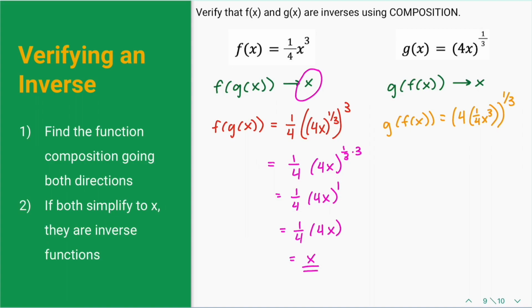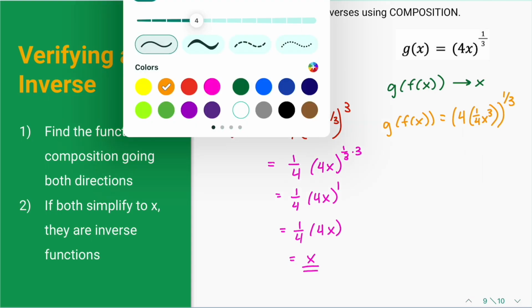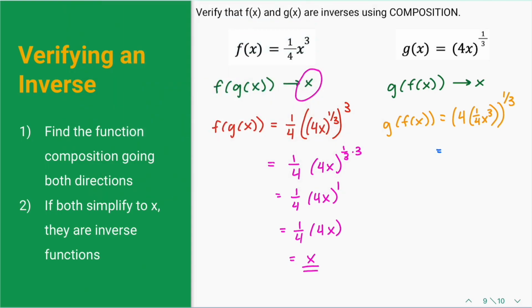Now, pay attention to the order of parentheses. What this is telling me is you are gonna take it to the 1/3 power at the very end. So we need to simplify the inside stuff first and then take it to the 1/3 power. Well, if I simplify the inside stuff, what I end up with is 4 times a 4th of x to the 3rd.